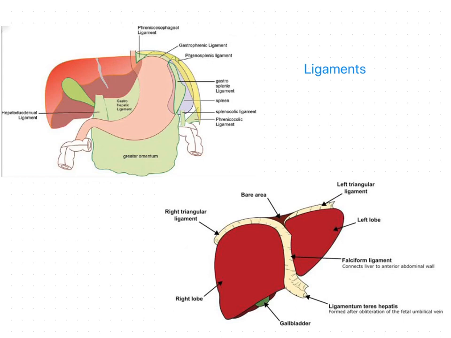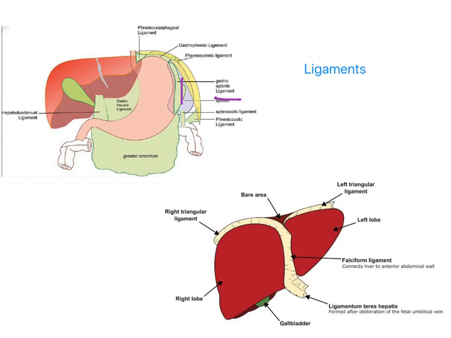These ligaments may connect to the abdominal wall, or they may connect between two organs. For example, the gastrosplenic ligament is a double layered ligament which connects the spleen and the stomach.